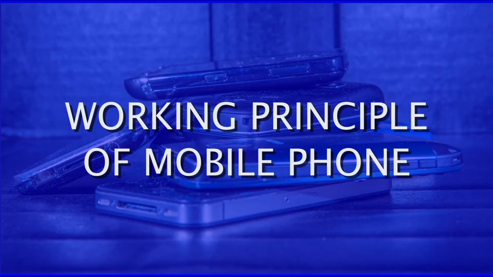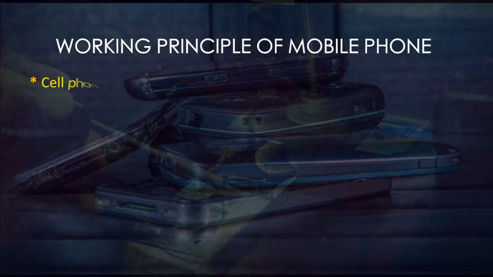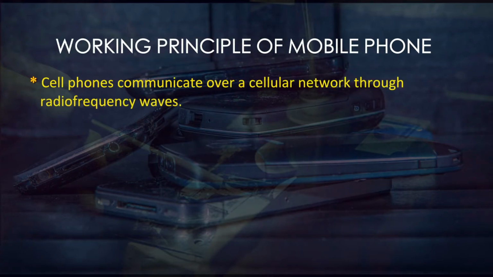Now, working principle of mobile phone. A mobile phone or cell phone is a long-range electronic device used for voice or data communication over a network known as cellular network. Cell phones communicate through radio frequency waves in the form of electromagnetic radiation.